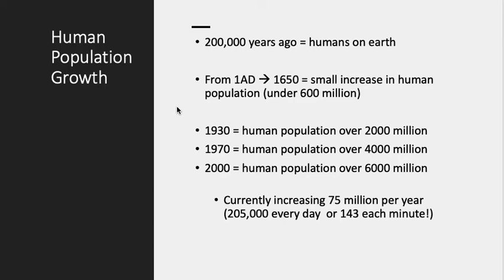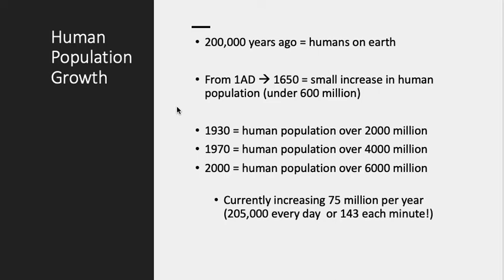From 1 AD to 1650, there was a small increase in human population, under 600 million. Now, if we skip on forward then to 1930, the human population had reached over 2,000 million. In 1970, the human population was over 4,000 million, but by 2000, the human population was over 6,000 million.